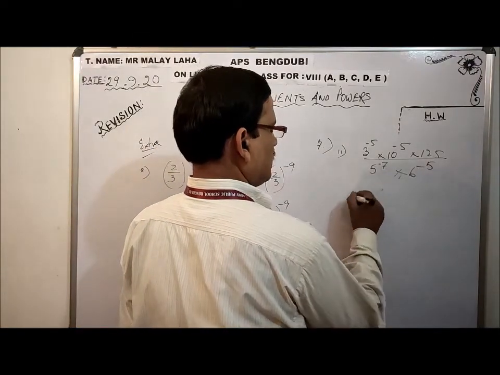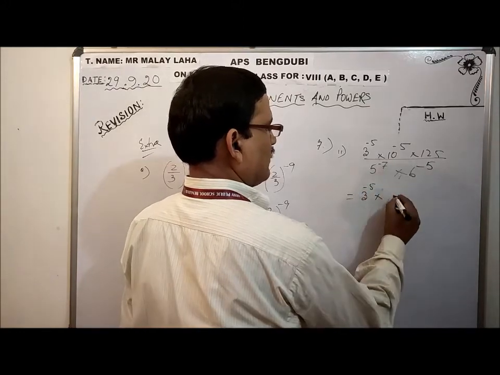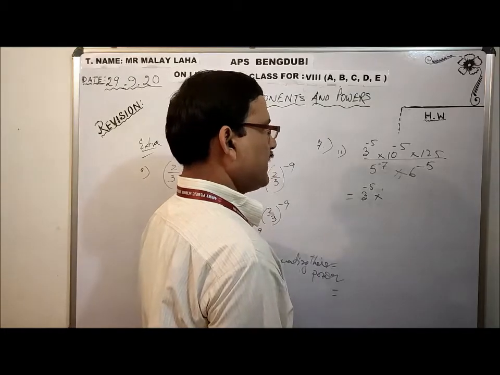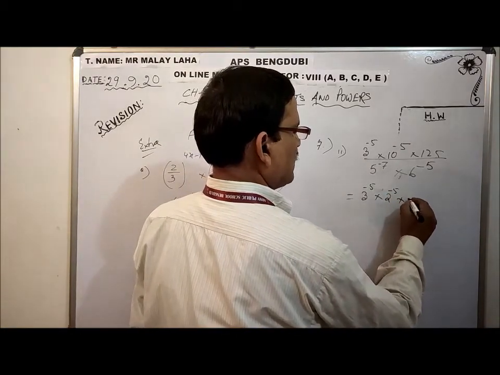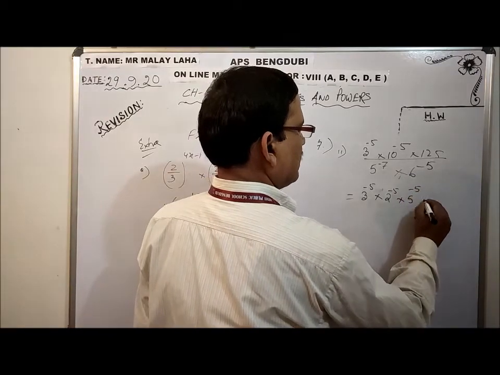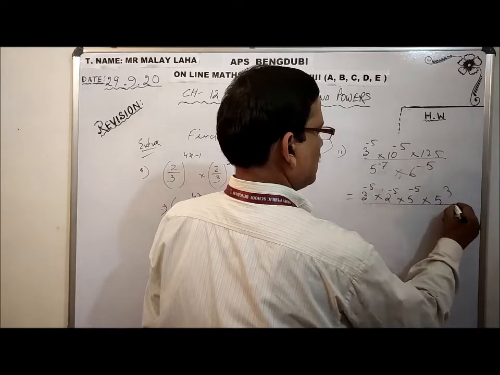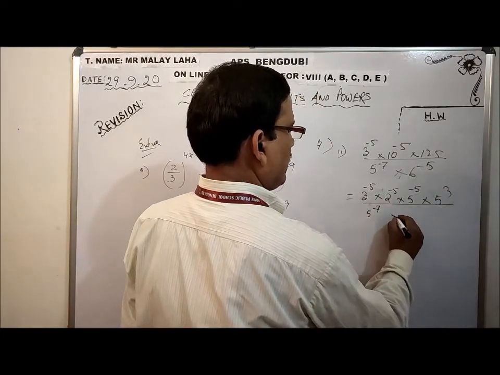So it will be 3 raised to minus 5, 10 when broken down into prime will be 2 and 5. So 2 raised to minus 5, 5 raised to minus 5 into, when you write 125 in power, 5 raised to 3, and here 5 raised to minus 7 and 6.